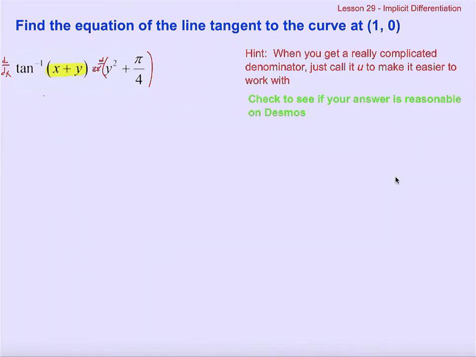So the derivative of inverse tangent is 1 over the inside function squared plus 1, but because of the chain rule, it's times the derivative of the inside. And that has to equal the derivative of the other side, which is just the power, 2y. But because of the chain rule, again, we need to do times dy dx. And remember, the derivative of pi over 4 is just 0 because pi over 4 is a constant.